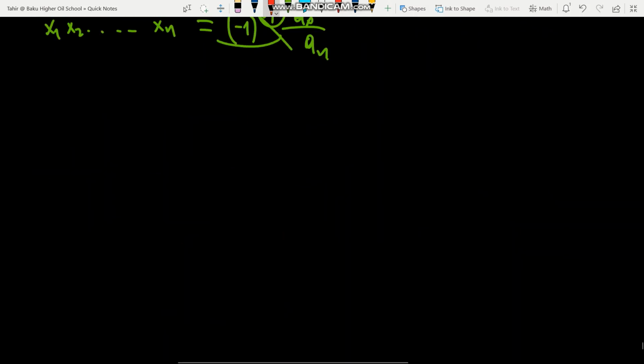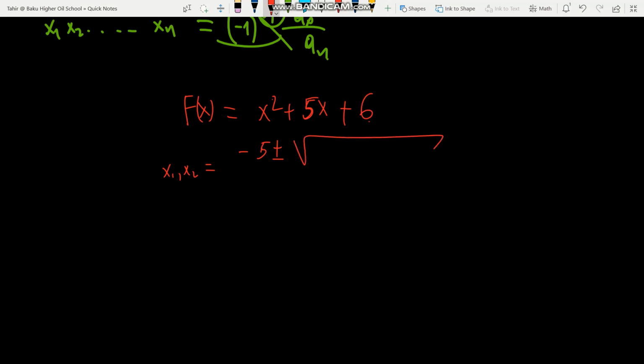Now let's try to apply this Viette's theorem for a quadratic function, f(x), for example x squared plus 5x plus 6. And let's find the roots for this function. x1, x2 are equal to minus 5 plus minus the square root of our discriminant, 25 minus 4 multiplied by 6, divided by 2.